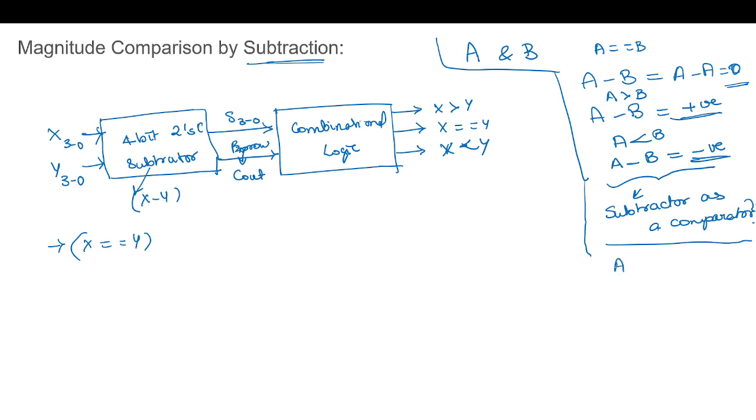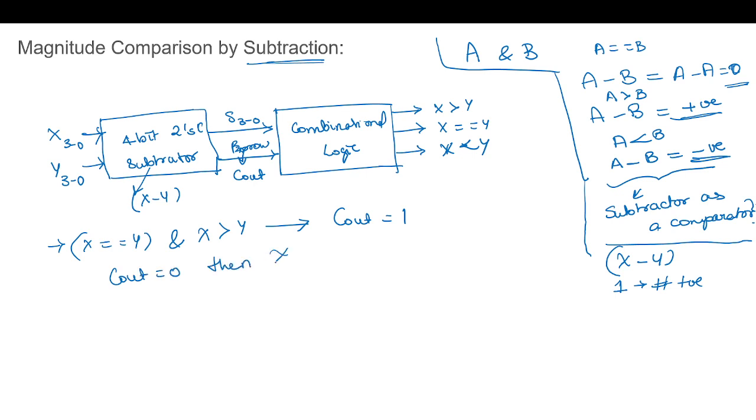When we subtract X minus Y, there is a carry Cout when the number is positive. And if the number is negative, then the carry is 0 and the result is in 2's complement form.